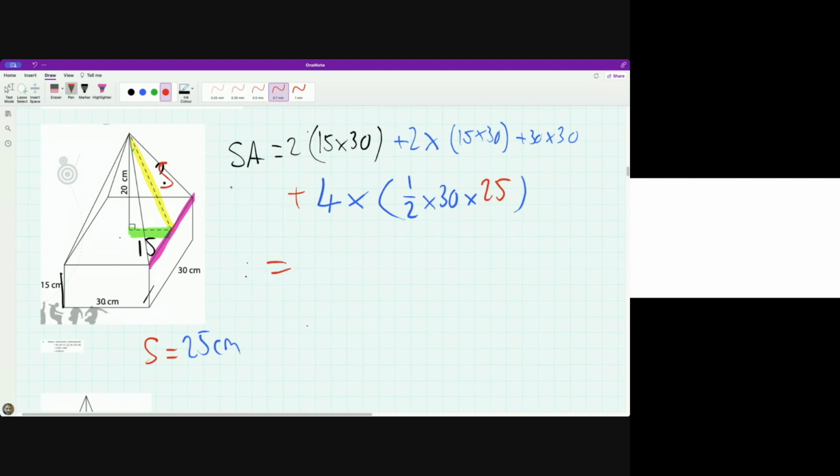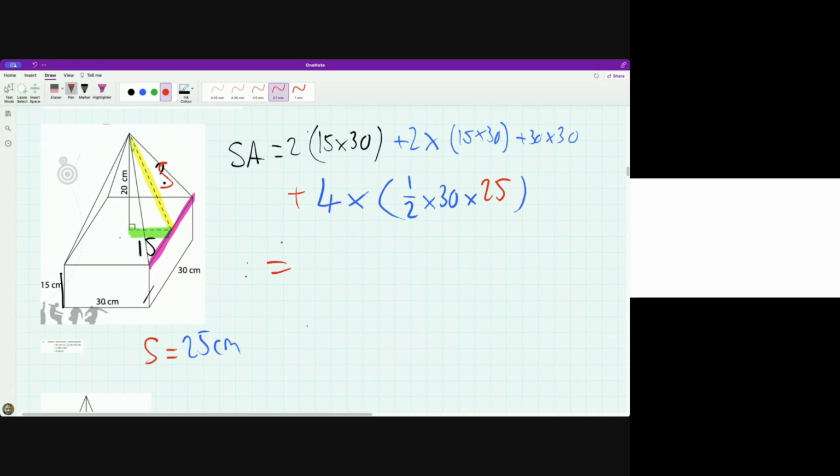Give me my final answer. So 2 times 15 times 30 plus 2 times 15 times 30 plus 30 times 30 plus 4 times 0.5 times 30 times 25. What do you get?